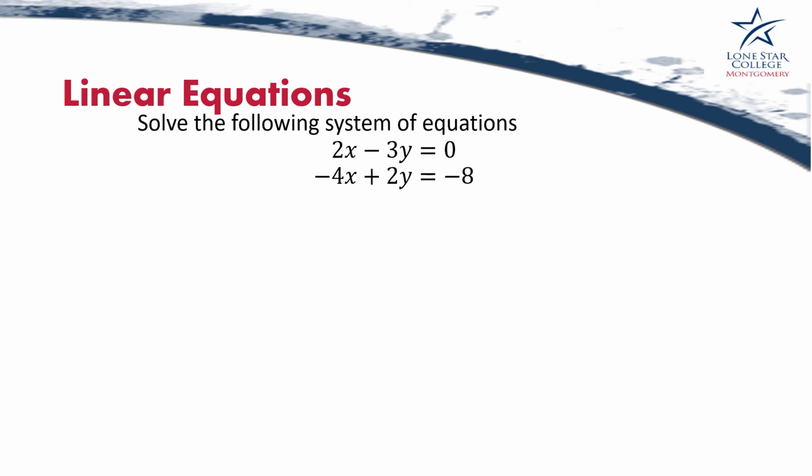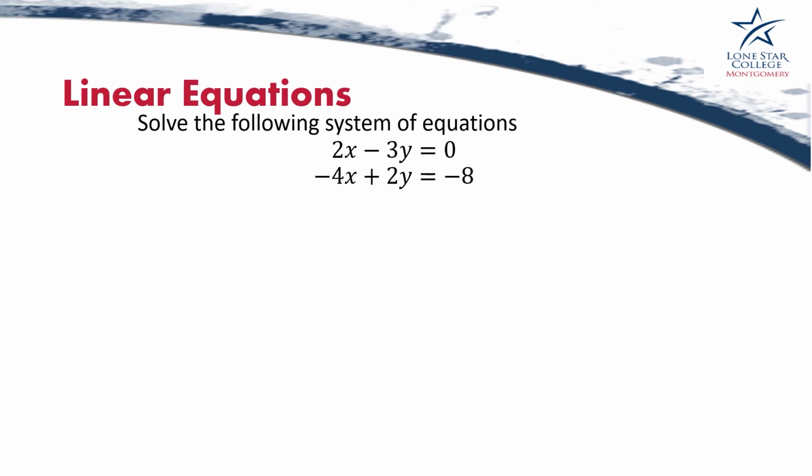Now we actually apply elimination to this question. What elimination does is you want to get rid of one of your variables, either x or y, depending on your equations. For this one, we can get rid of x. To eliminate variables, we add up the two equations, which would potentially get rid of x or y.